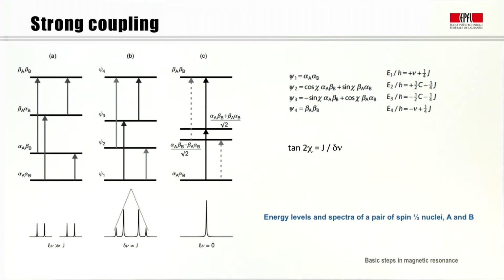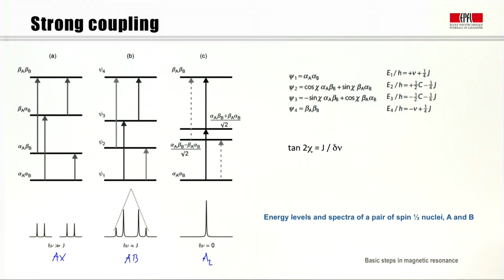Well, in this case you should know that we have to explain the case where we have the AX system, where we have just two doublets, the AB system where the two doublets move close together so that the inner lines become more intense, and the case of the A2 system.